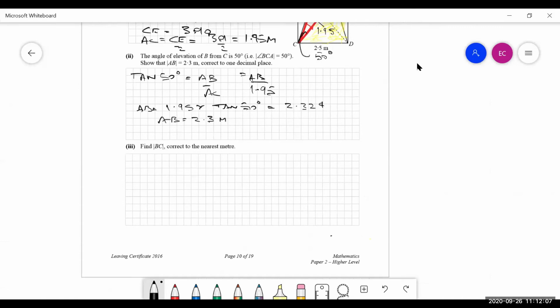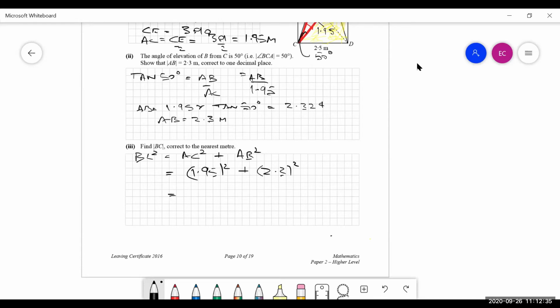So in this case, BC squared equals AC squared plus AB squared. That equals 1.95 squared plus 2.3 squared.